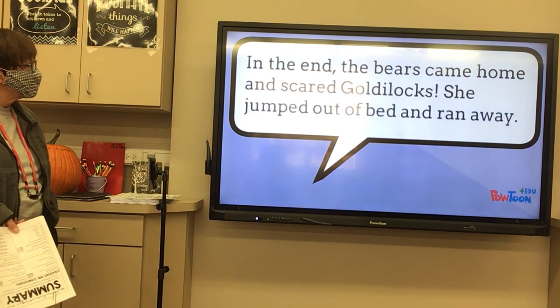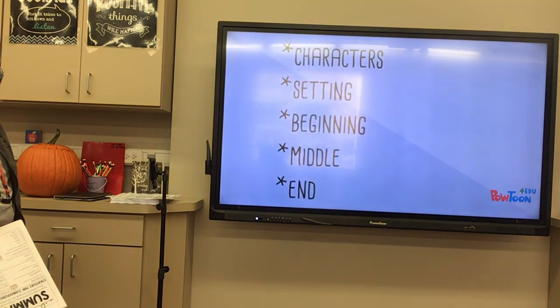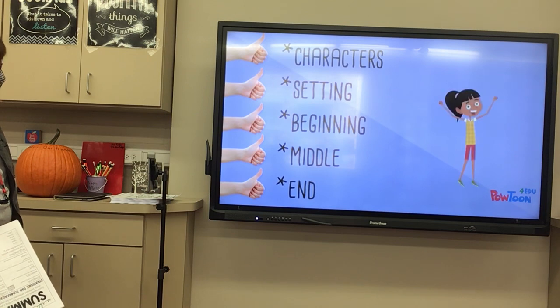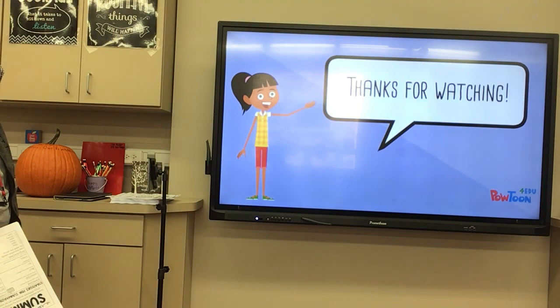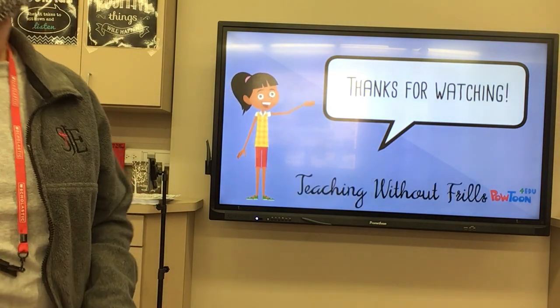She jumped out of bed and ran away. My retelling included the characters, the setting, and the most important events from the beginning, middle, and end. Now you can practice retelling a story on your own. Thanks for watching. Check out other reading videos on the Teaching Without Frills YouTube channel.